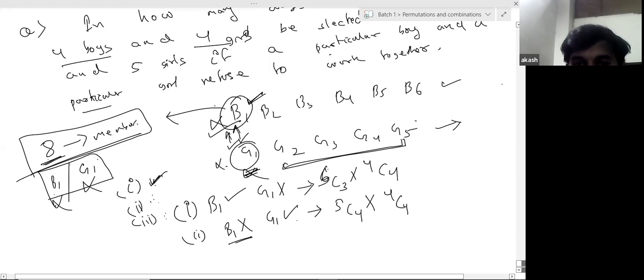And this is also 5C3 because B1 is already there. In the third part, neither B1 nor G1 is there. So you have to choose 5C4 into 4C4.